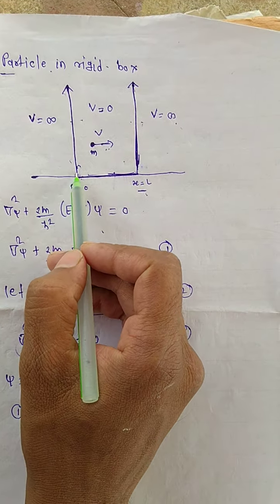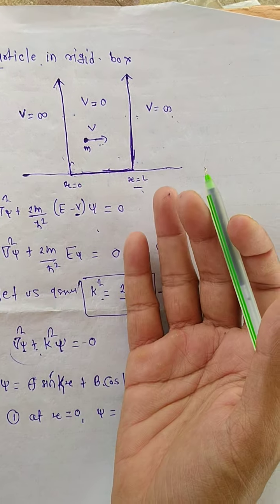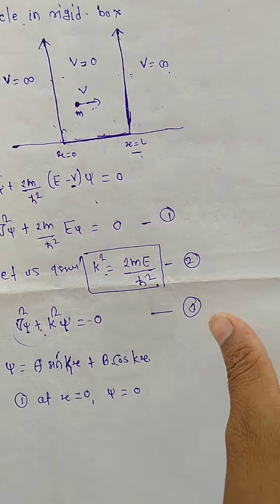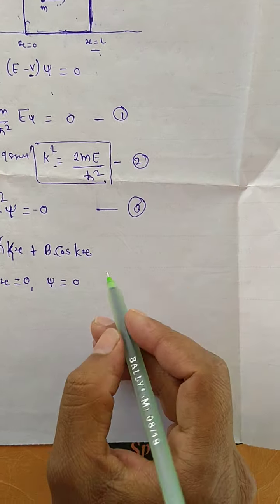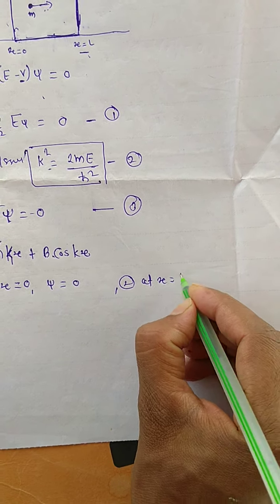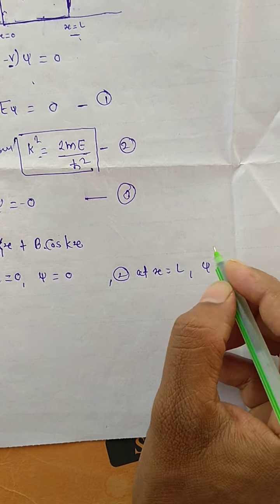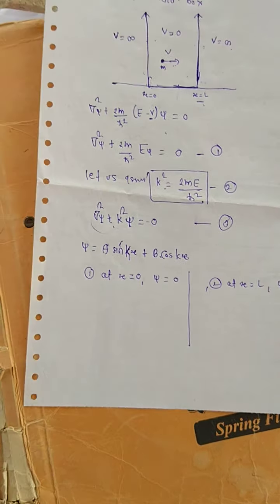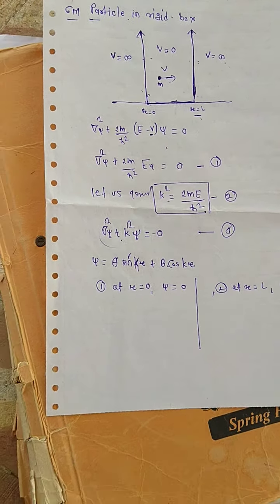Second boundary condition: at x is equal to L, again psi is equal to 0.